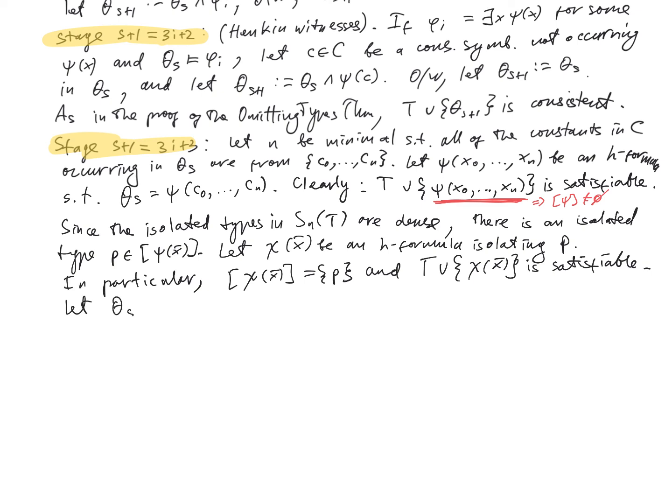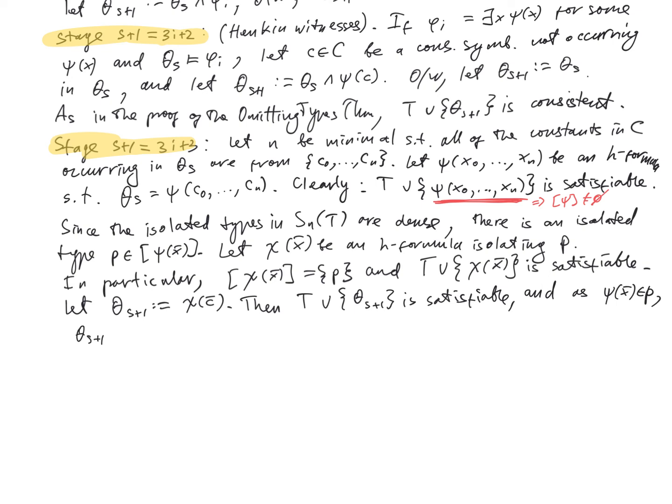Then we let theta s plus 1 be the sentence chi of C bar. Then T together with theta s plus 1 is satisfiable. And we also have that because psi of x bar is in P and chi isolates P, theta s plus 1 implies theta s as required.